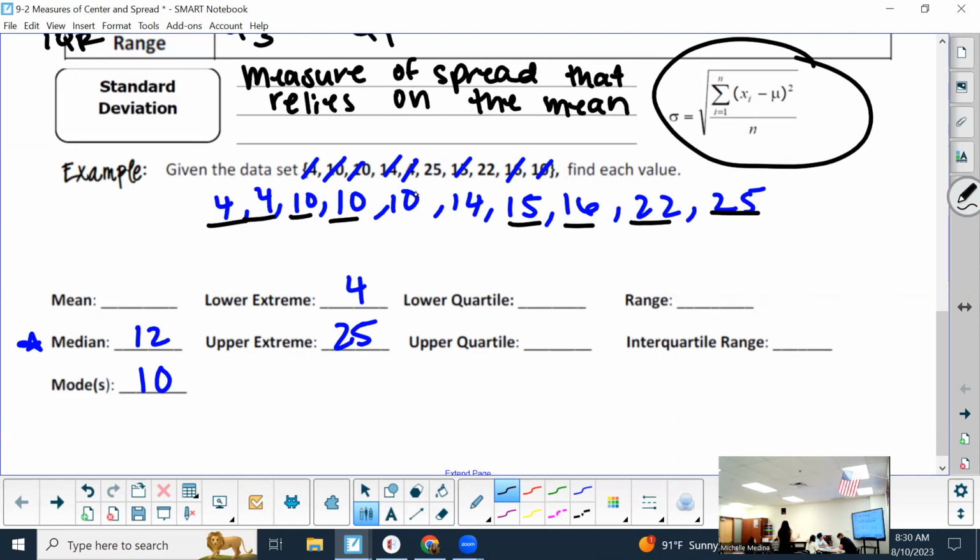All right, what do we do when there's 2 numbers in the middle? Add them and then divide by 2. So 10 plus 14 and then divide by 2. That gives me 24 divided by 2, which is 12. I think I remember doing that now. All right, so that's where the 12 comes from.